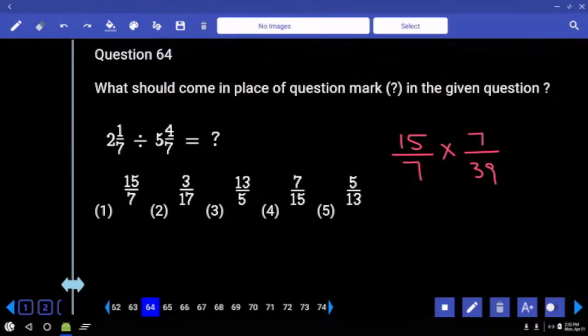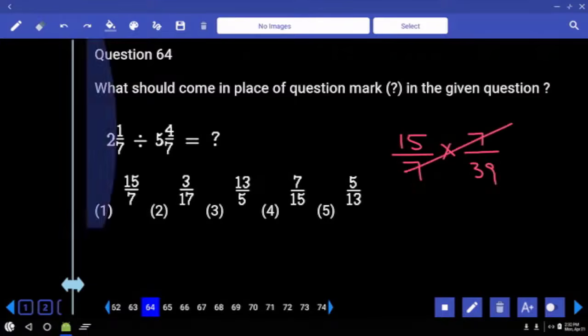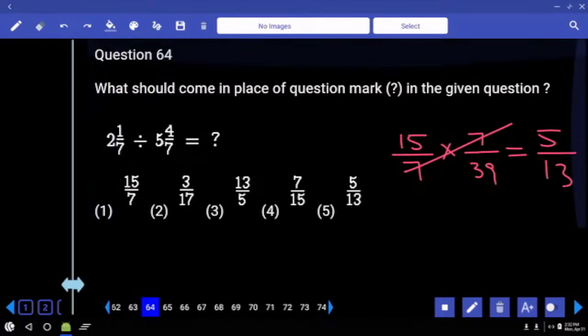If you interchange symbol from into to division or division to into, you have to take inverse of the fraction. 7 gets cancelled. 3 5 times, 13 times.